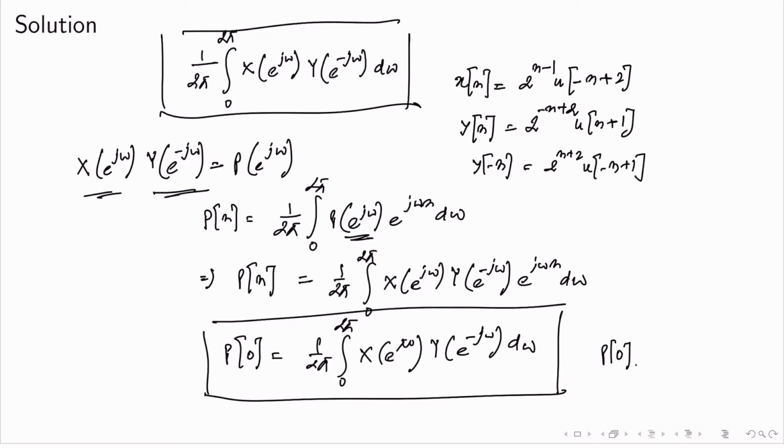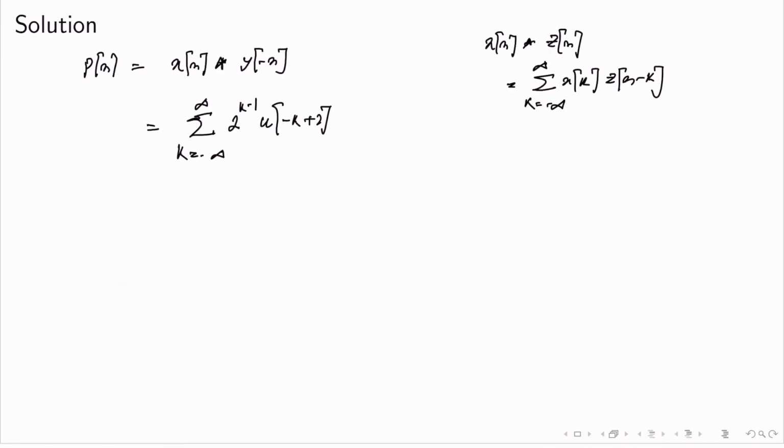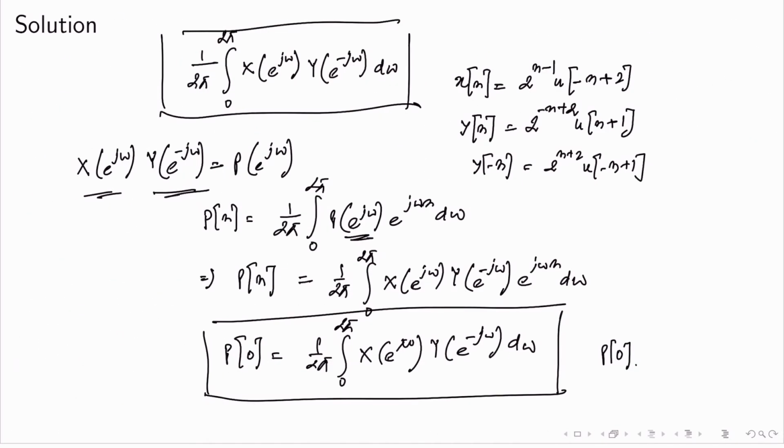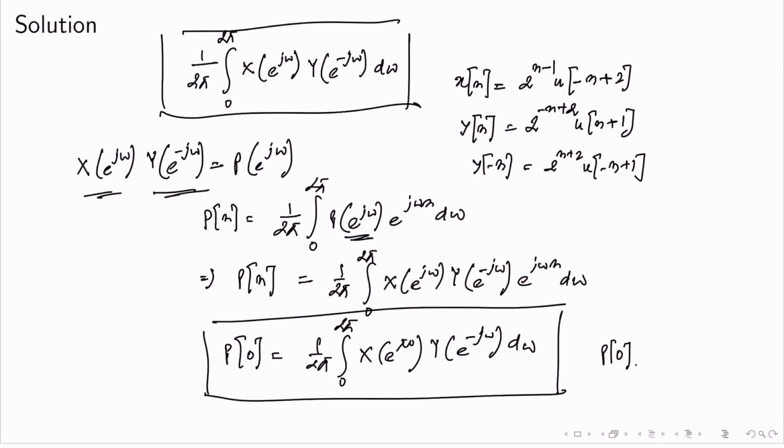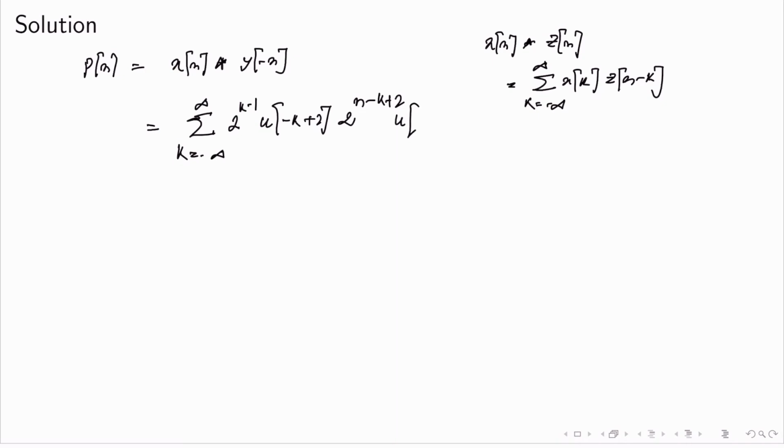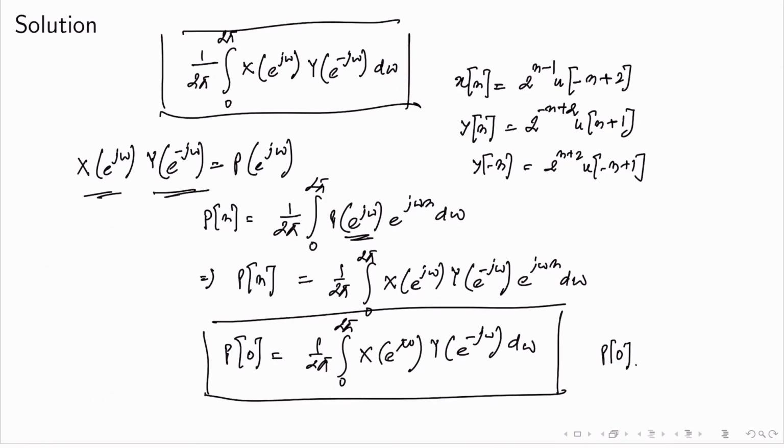Therefore you substitute n for n minus k, and that will be 2 to the power n minus k plus 2, u of minus n plus k plus 1. So you substitute the value of n equal to n minus k in this equation for y of minus n.